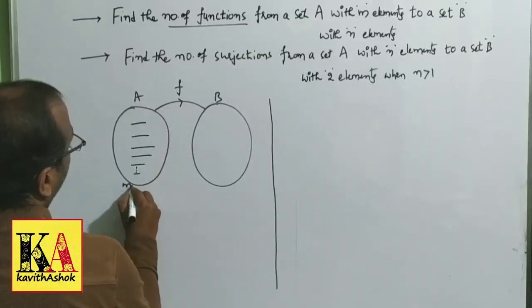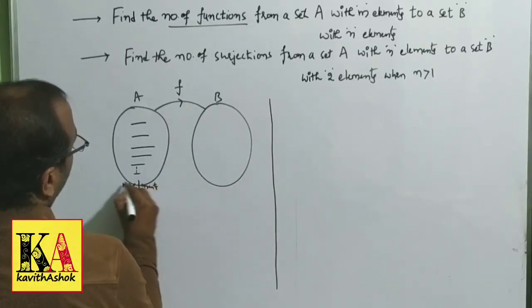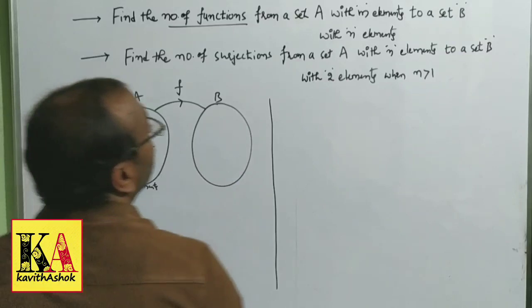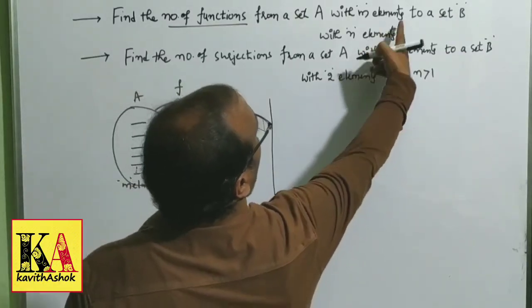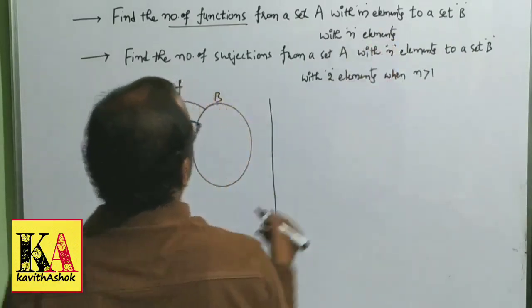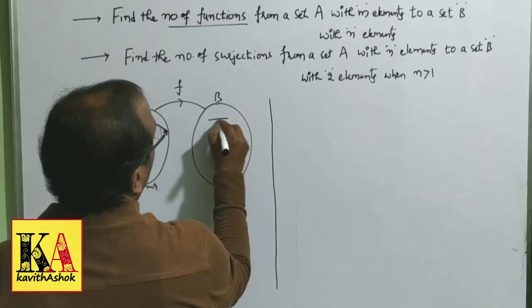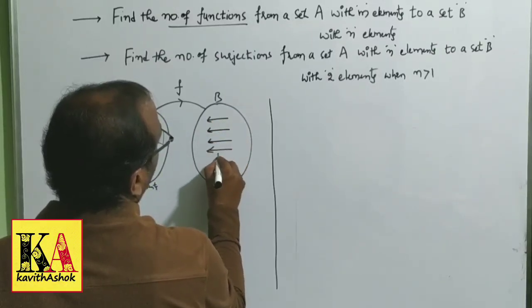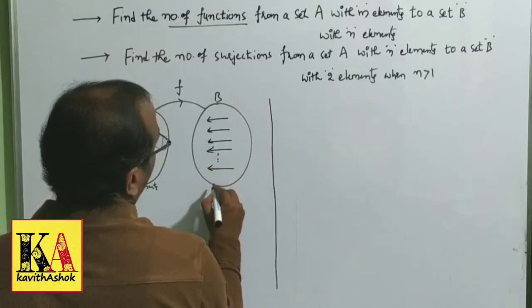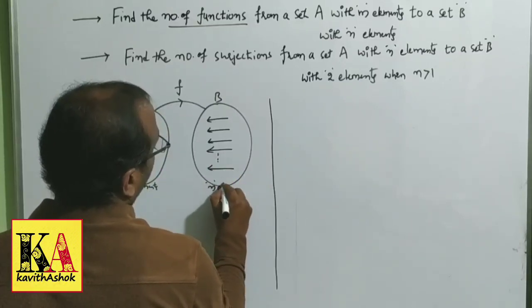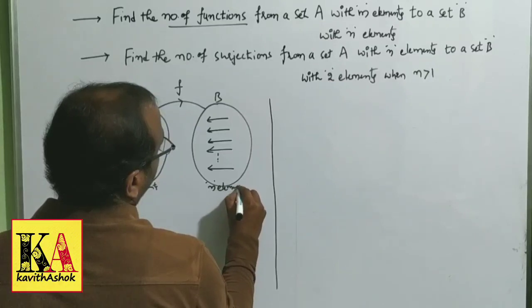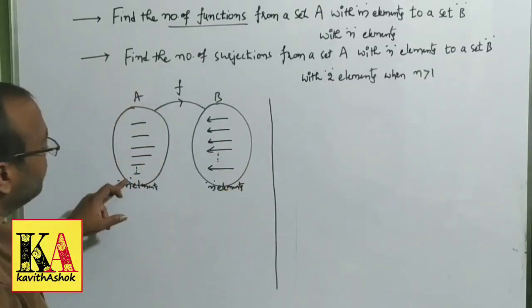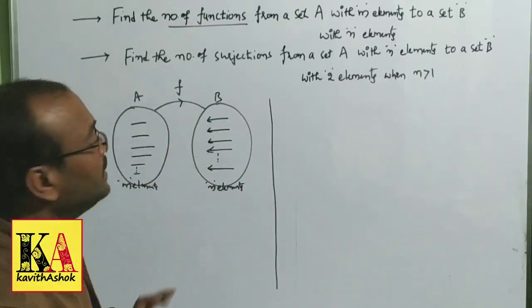M elements. Next, set B contains n elements. These are the empty places and these are the elements.